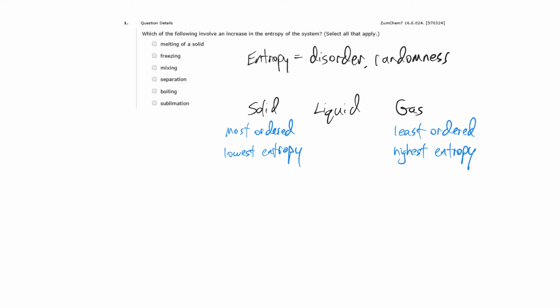So let's consider each of these phase changes. Melting is the solid state to the liquid state. Freezing would be the liquid state to the solid state.